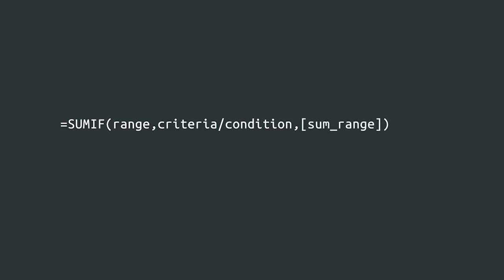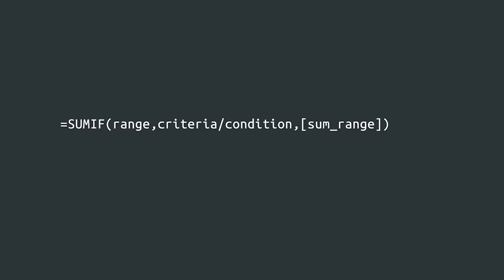They both start the same way with an equal sign and the function, but a SUMIF formula contains the range of cells to be evaluated by your criteria and the criteria. In other words, SUMIF has a list of cells to check based on the criteria you set in the formula. Then the range where we want to add the numbers is placed in the formula if that range is different from the range being evaluated. There's commas between each of these parts. Adding a space after each comma is optional.